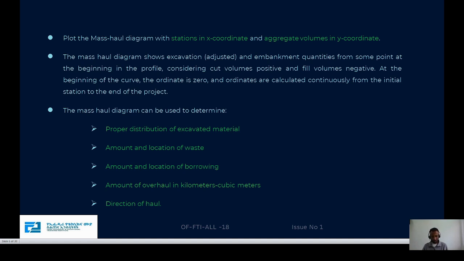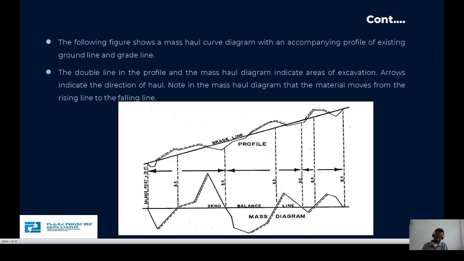The mass haul diagram also determines the amount of overhaul distance, which is the distance beyond the free haul distance. The overhaul is paid per kilometer in cubic meters. The directions of hauling are also determined by the mass haul diagram.